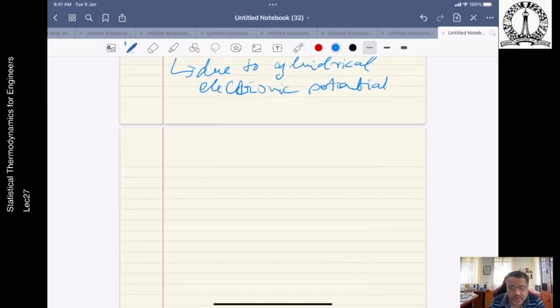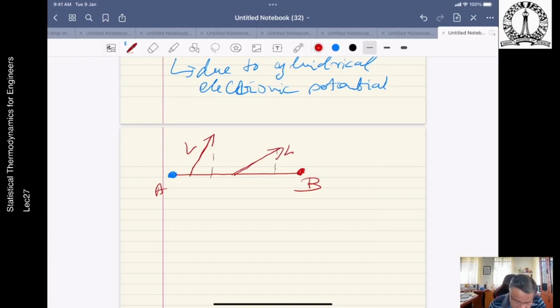Okay, if we look at a simple figure, say this is A and this is B, these are the two atoms. This is their internuclear distance, AB. Say this is your L, and this is your S. We are going to take electrons along this internuclear axis.